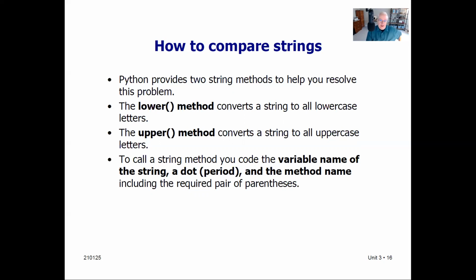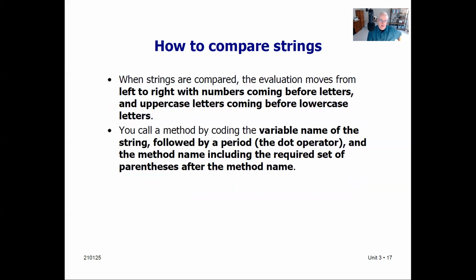So the syntax for using the lower method or the upper method is a little different than what we saw with functions. So this is another way that we can see a subtle difference. Okay, so we have the variable name, XYZ variable, a dot, then the name of the method that we want to use, lower or upper, then the parens, and then the data inside that method. Okay, inside that parameter for that method in the parentheses.